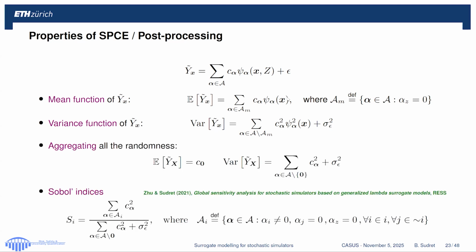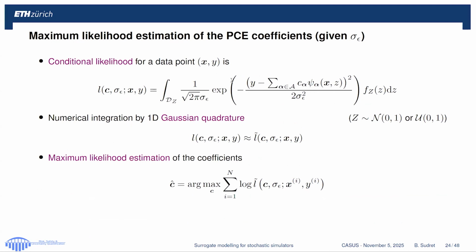And if you are into sensitivity analysis, where a standard technique is to compute the so-called Sobol indices, again, everything here is explicit based on the coefficients, once you have computed them. So this means that we keep all the nice features of the standard polynomial chaos expansions also in this setup, with some additional information.